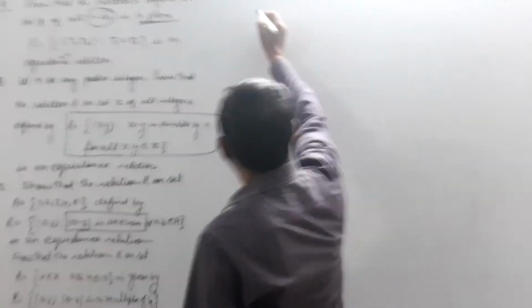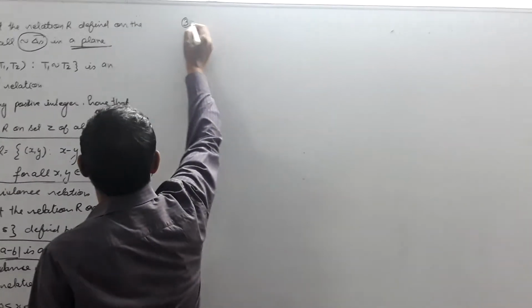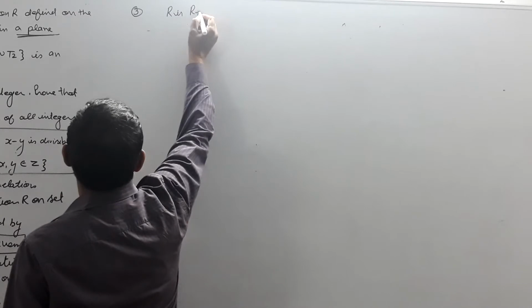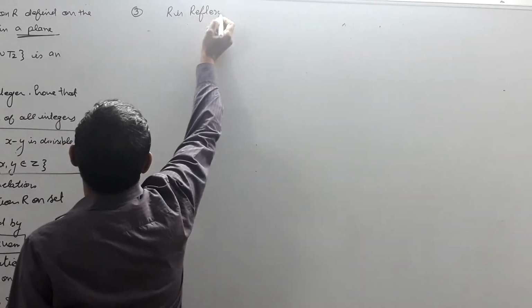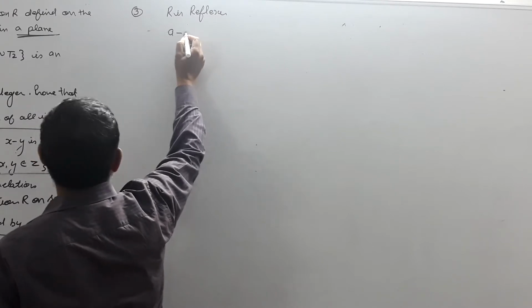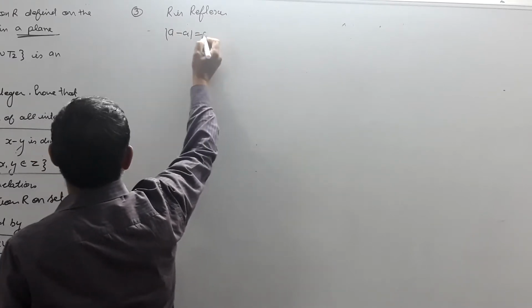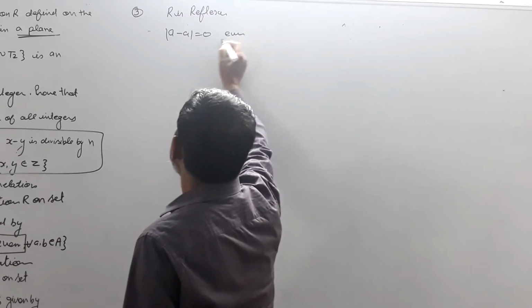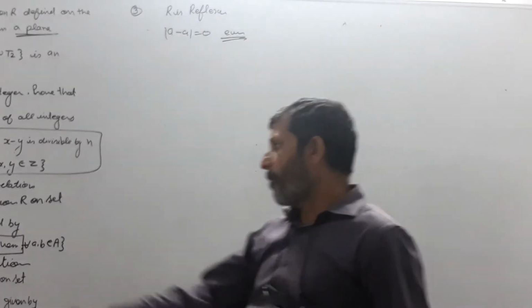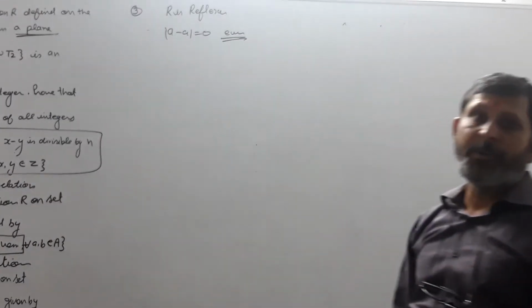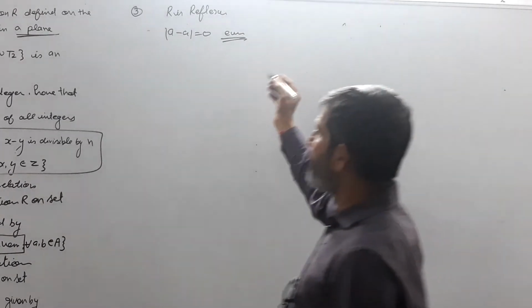For this, again, for R is reflexive: for every element, mod A minus A is 0, which is an even number. Therefore, this relation is reflexive.